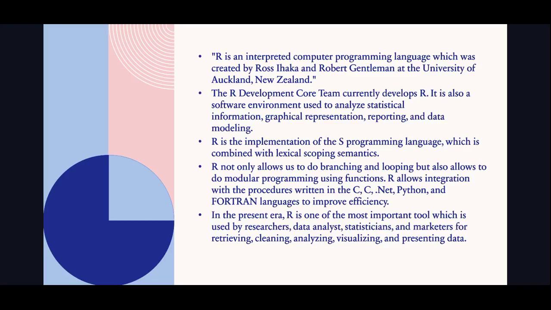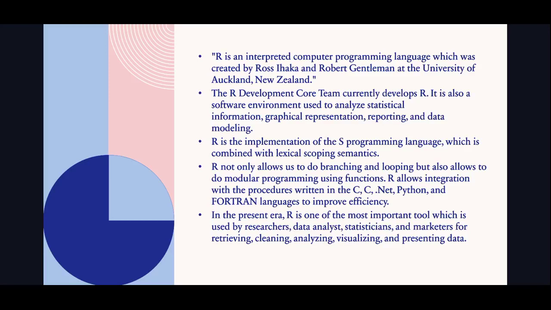So the S language was developed by John Chambers, Rick Becker and others at Bell Labs, for which he got the ACM Software System Award in 1998. But he donated his prize money, US $10,000, to the American Statistical Association.